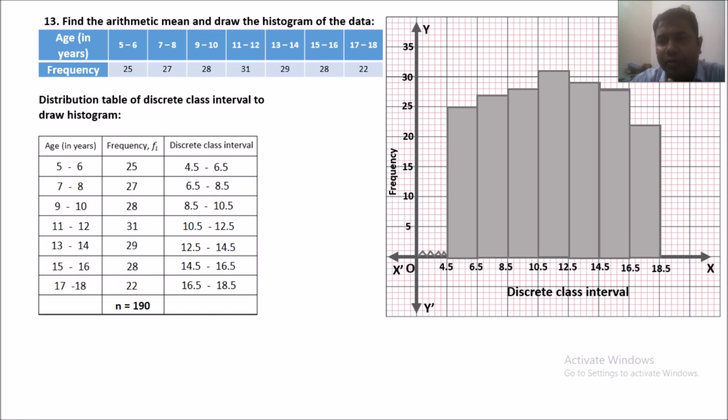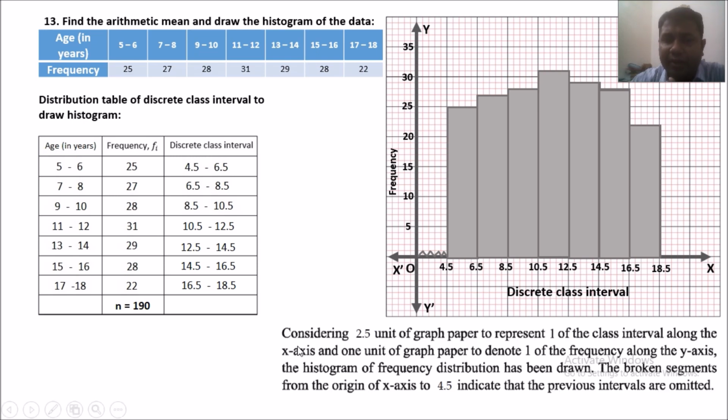Now we are going to show you what is the writing of this graph. Here you can see that is considering 2.5 unit of graph paper to represent one class interval along the x-axis. So what is that? Here you can see 1, 2, 3, 4, 5. 5 boxes are here, and of just 2, 4.5 to 6.5, there is 2 difference.